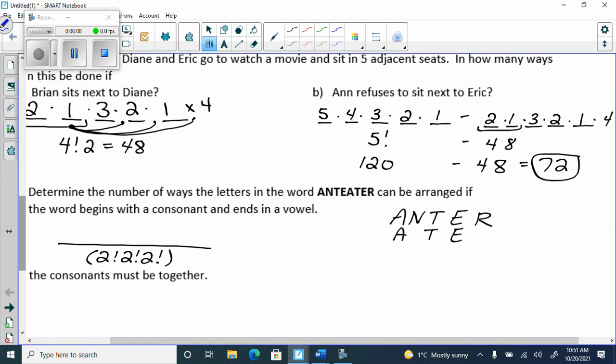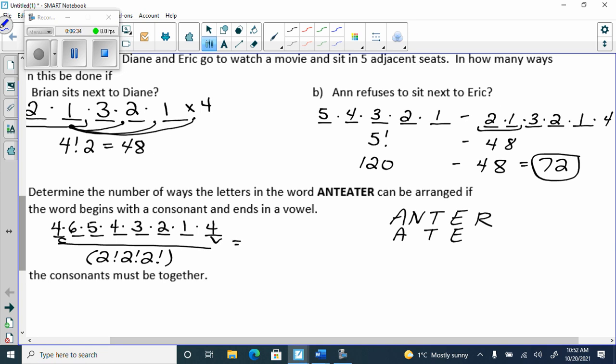The word begins with a consonant and ends in a vowel. Anteater has 3, 6, 7, 8. So it begins with a consonant. How many consonants are there? 4. So I have 4 options. It ends in a vowel. How many options? 4. How many letters have I set down? 2. How many do I have left? 6, 5, 4, 3, 2, 1.